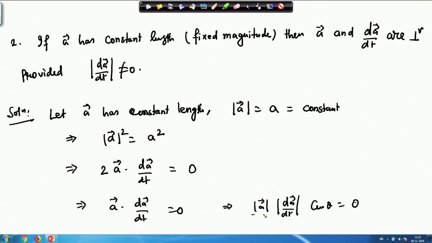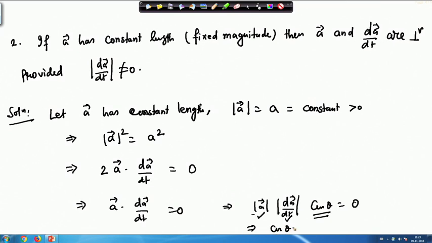Now, A has constant length, so mod of A cannot be 0, because this is positive. And we have assumed that mod of dA/dt is not 0. So the only possibility is cos theta equals 0.